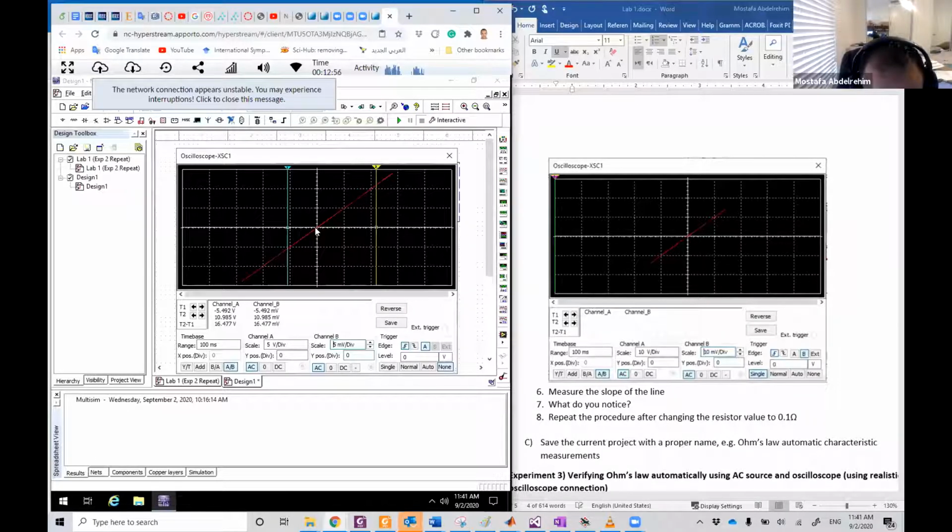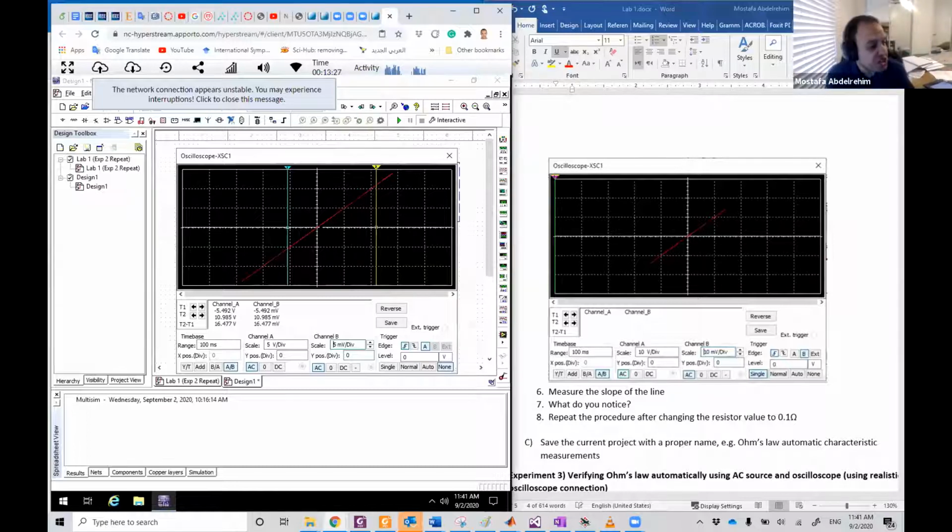So this square here, or this division, is representing 5 millivolt. Remember, this is channel B on the x-axis because we choose A over B. So A on Y and B on X. And for the Y, which is channel A, we have 5 volt per division. So one division here is 5 volt.